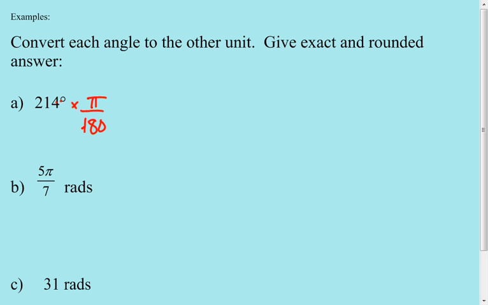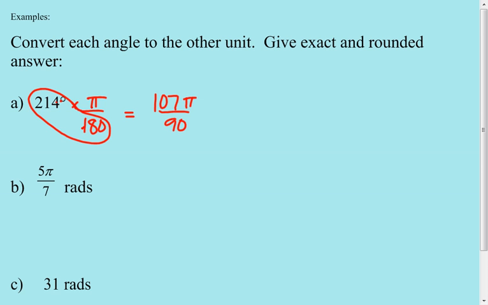And to get an exact answer, what I want you to do is ignore the pi for right now and simply put this into your calculator. 214 divided by 180, and then hit math, and then enter. And what will happen is your calculator will reduce that fraction for you. And when you put that into your calculator and reduce the fraction, your calculator should spit out 107 over 90, and then obviously put the pi back in. So this is 107 pi over 90.